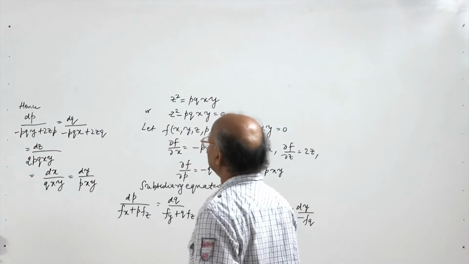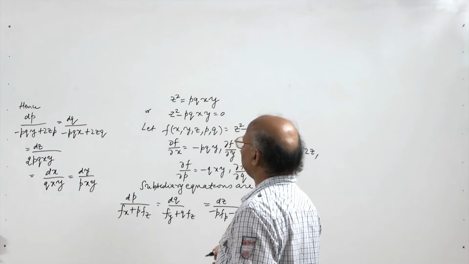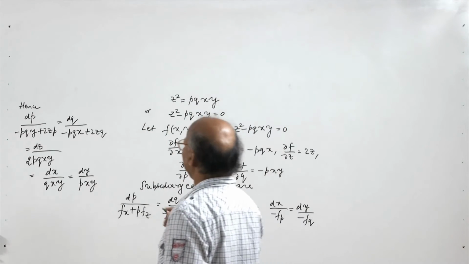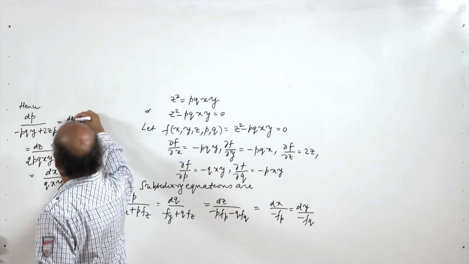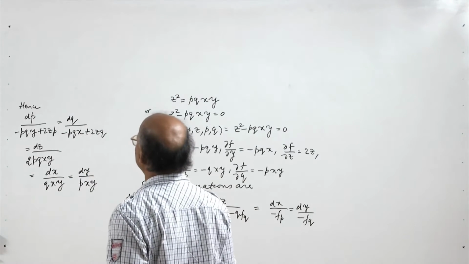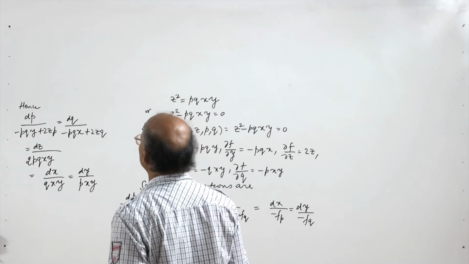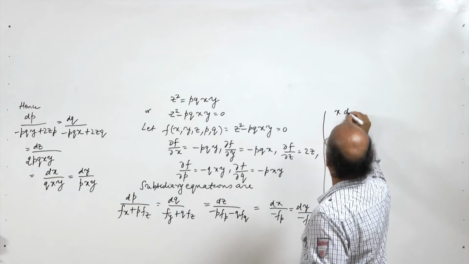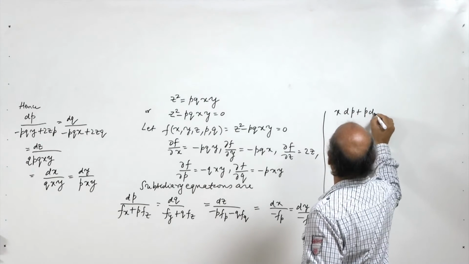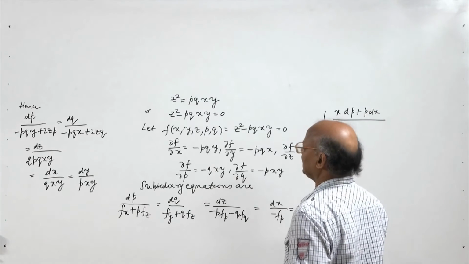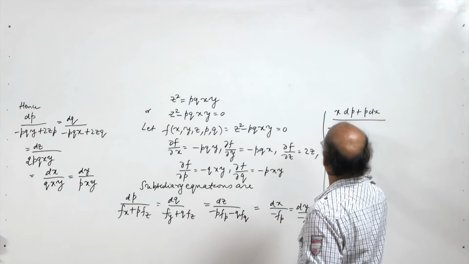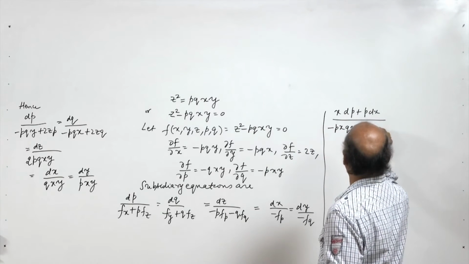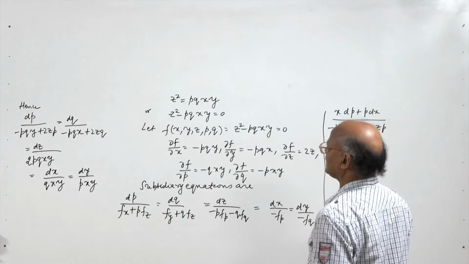Now from these auxiliary equations or subsidiary equations, we try to find the simplest relation involving one of p or q. If you see these equations directly, we do not find any such relation, but we notice that if we multiply dp by x, we get x dp plus p dx over minus p x q y plus 2xzp plus p dx.